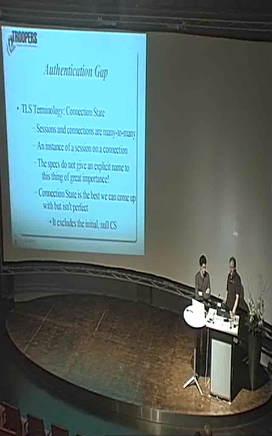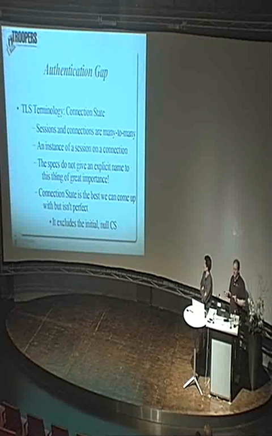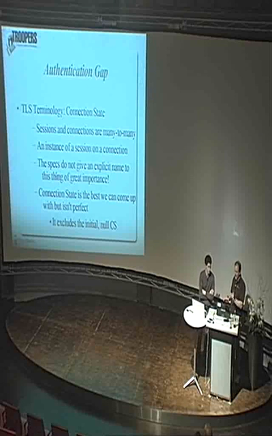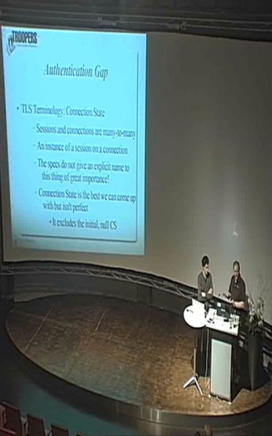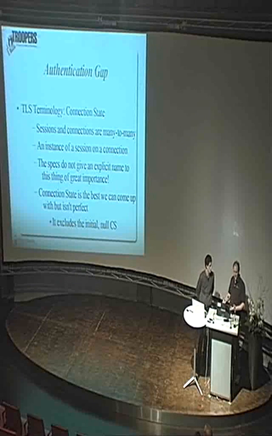And this is the important thing that I think was missing from the analysis of SSL v3, is that there's no name for this thing, which is an instance of a session on a connection. Now that renegotiation and session resumption are there, sessions and connections have this many-to-many relationship.